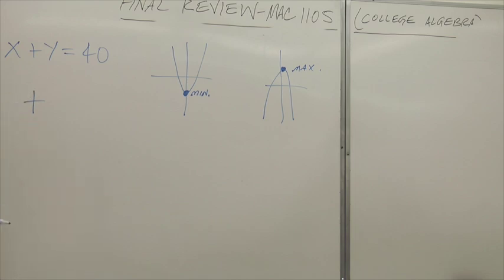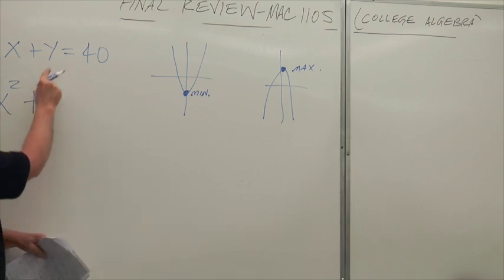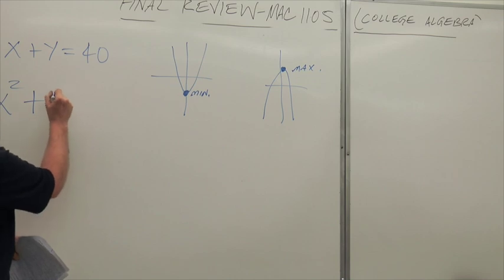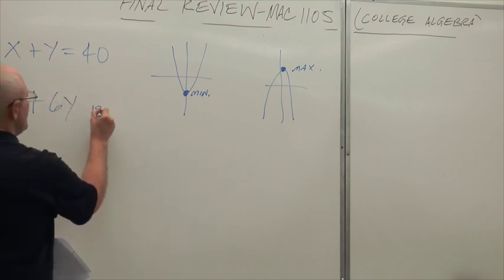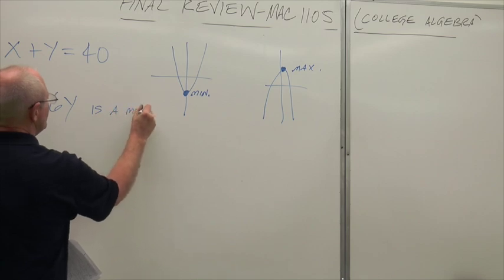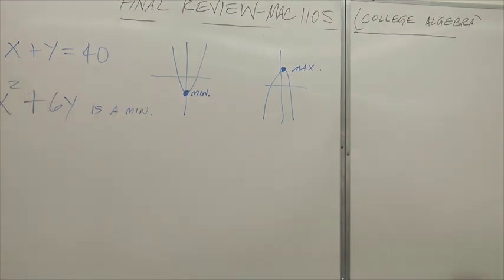I got to take one of them and square it. Well, let's square x. Because usually we end up with x. Plus what? Plus 6 times the other number. What's the other number? Since I squared x, the other number is y. It says 6 times the other number is a min. Okay? Good?